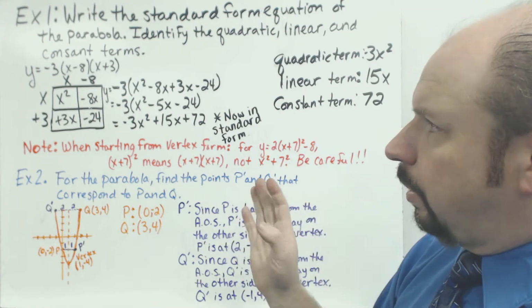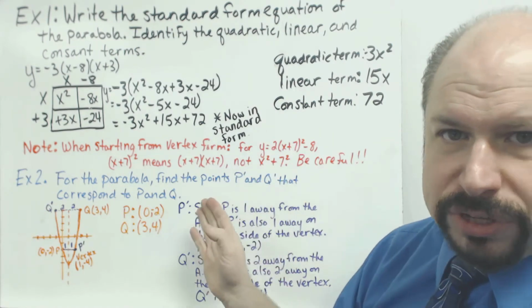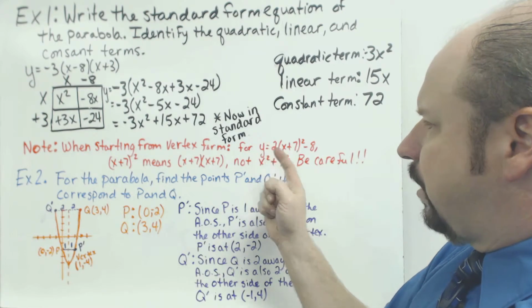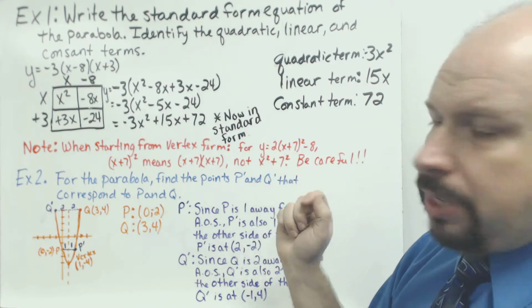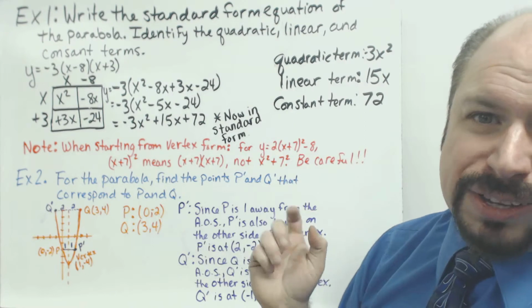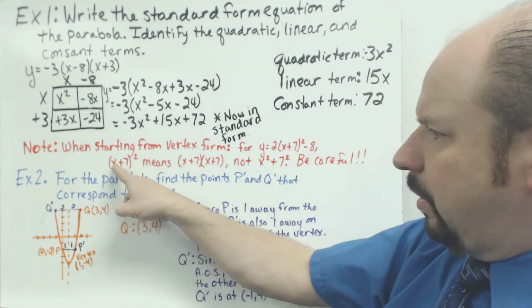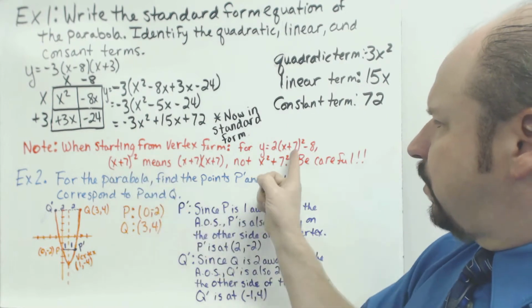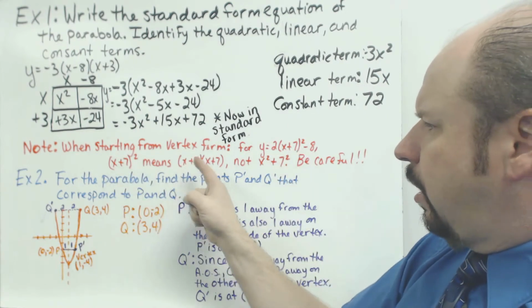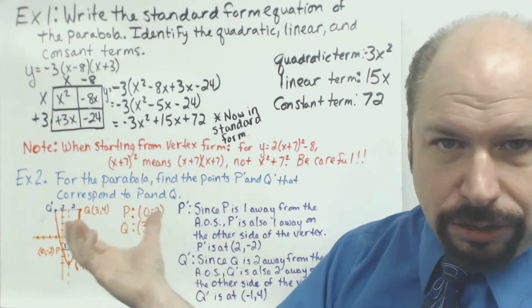One thing I should note, and I'm not going to do an example of one, but if we're in vertex form, say, for example, we have y equals 2 times the quantity x plus 7 squared minus 8. One common mistake that students will make is to not take care of this x plus 7 squared properly.